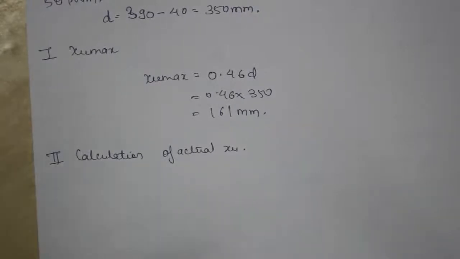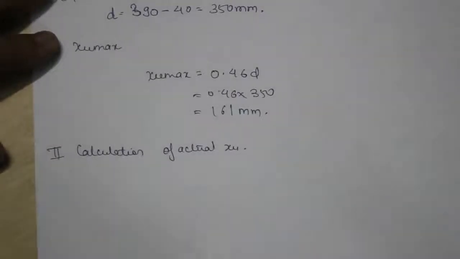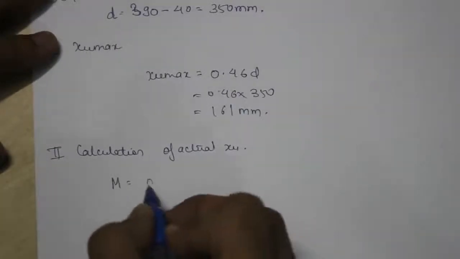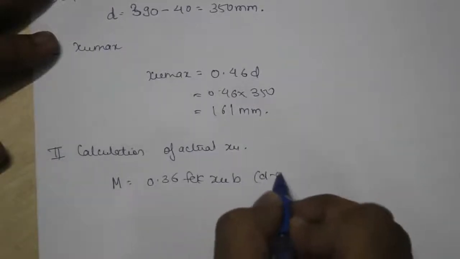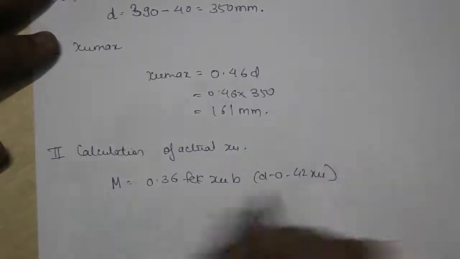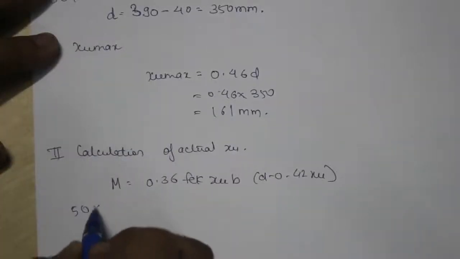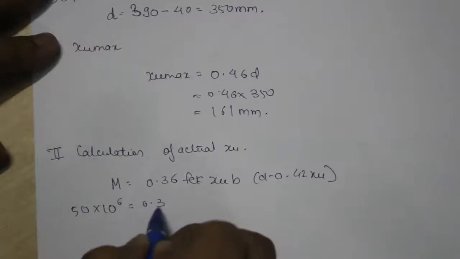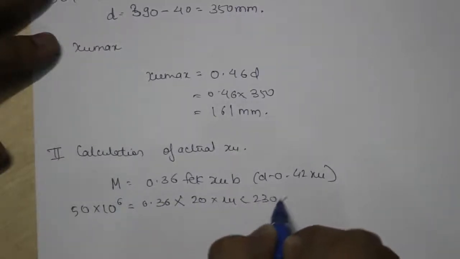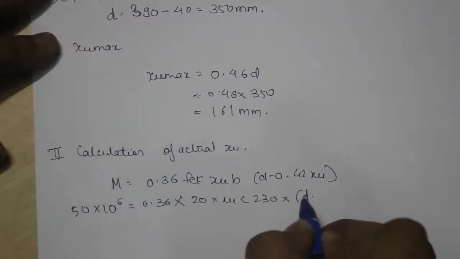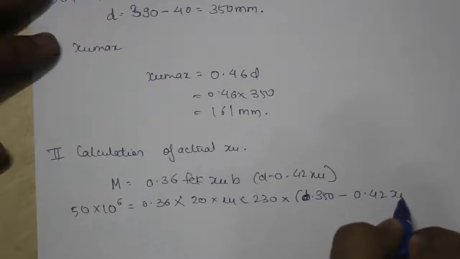As I said earlier, you have to play with these equations. We will use the equation of moment of resistance. M equals 0.36 fck xu b into d minus 0.42 xu. The value of M given to us is 50 kilonewton meter, equals 0.36 multiplied by 20 multiplied by xu multiplied by 230 multiplied by d, which is 350, minus 0.42 xu.